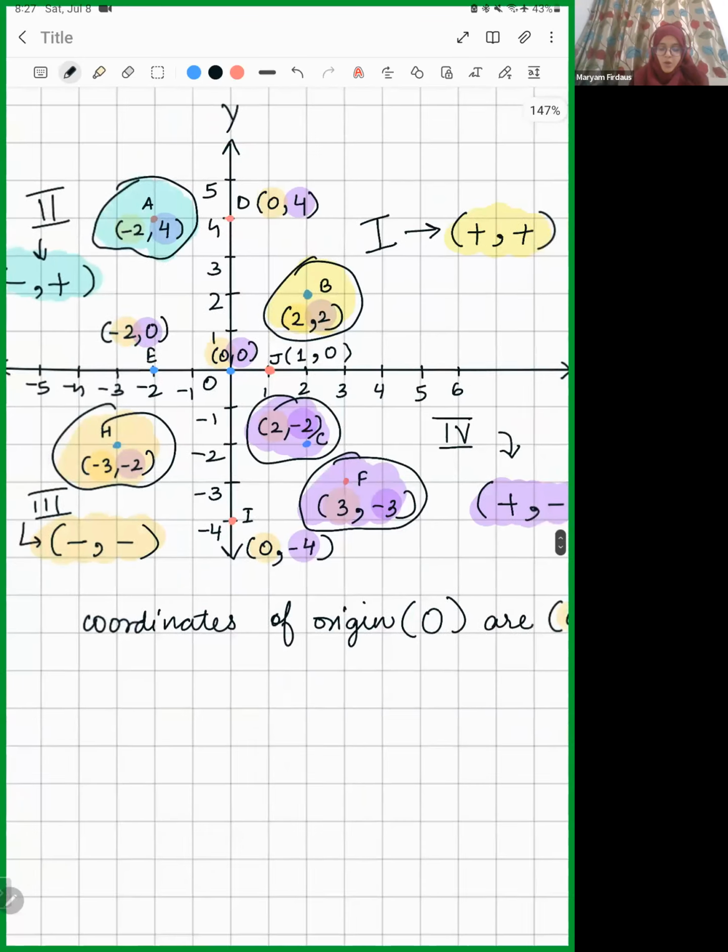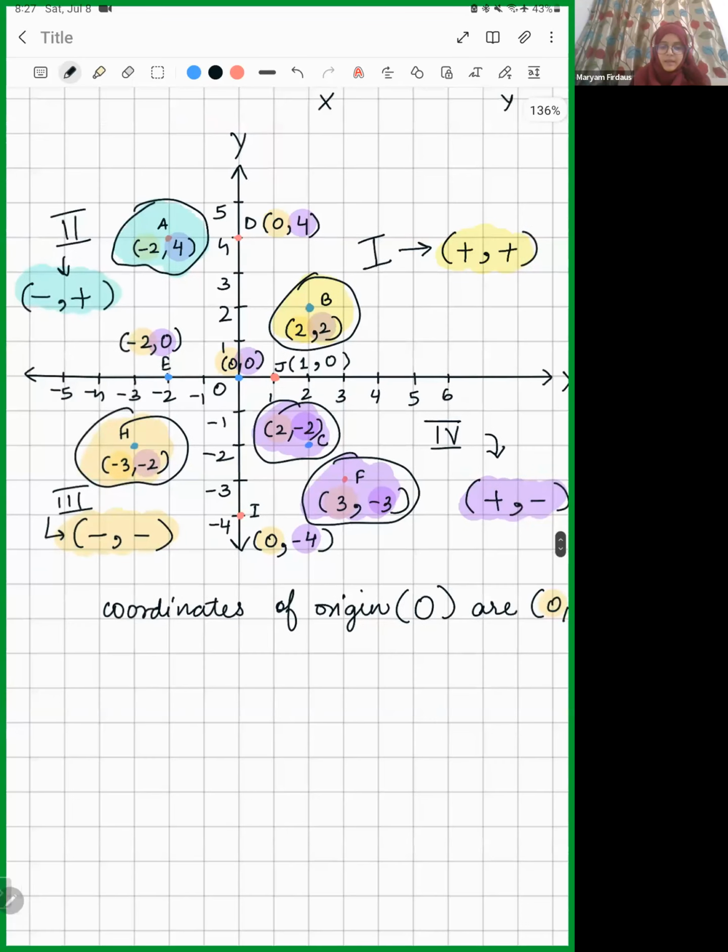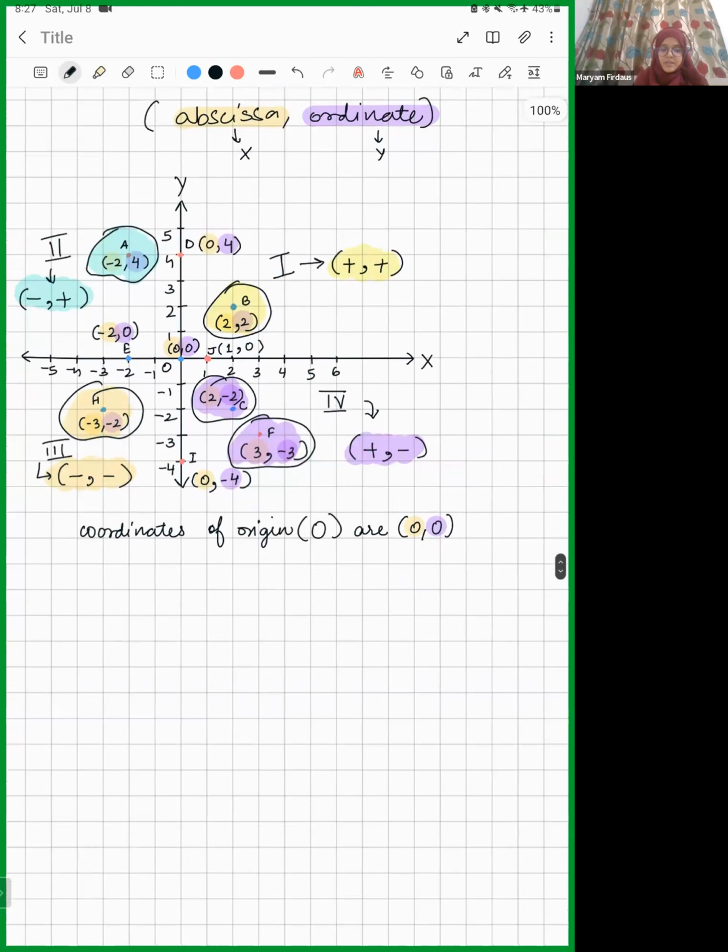Okay. Fine. So can you notice something? There are 2 points that lie on the x-axis. Zen, can you tell me which 2 points lie on the x-axis? J and E. Very good.